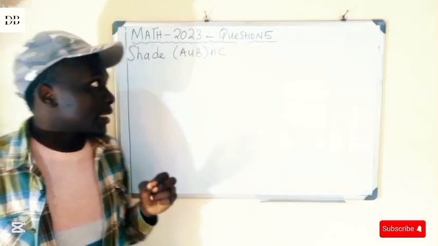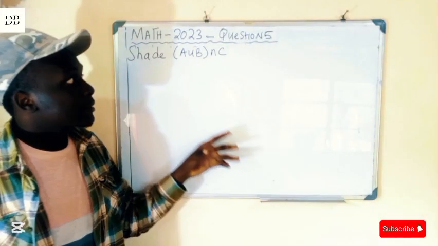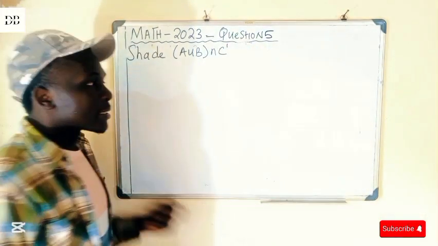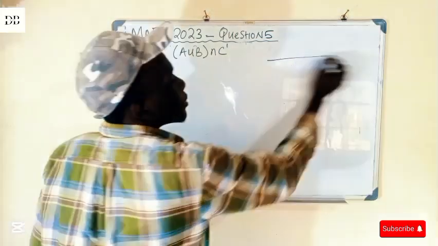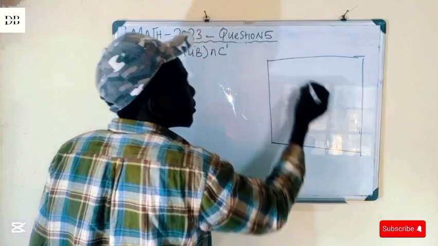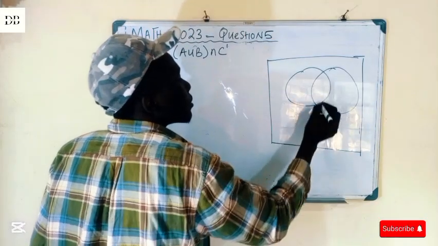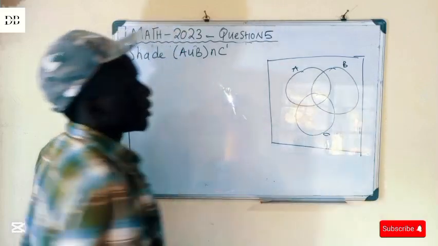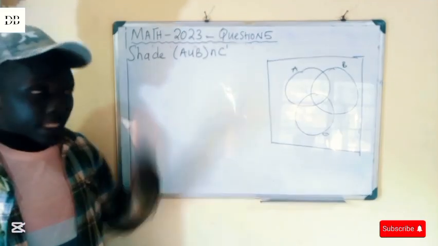Here is another question asking us to shade this region, A union B intersection C complement. A, B, C. So remember, we have to resketch it.